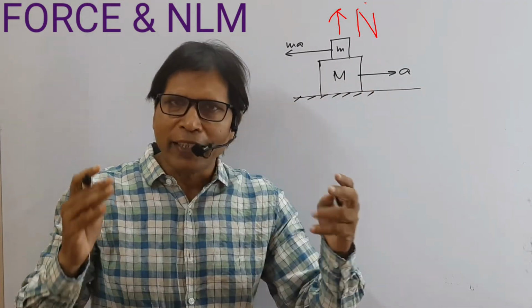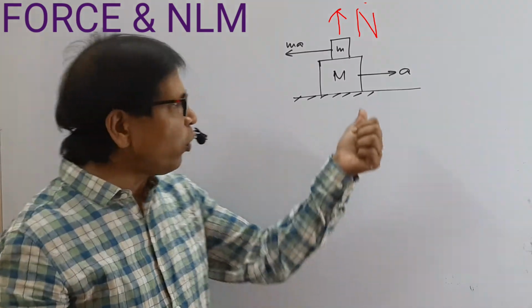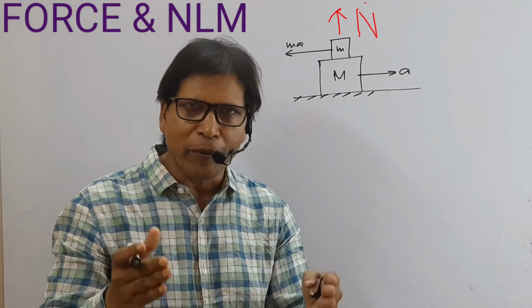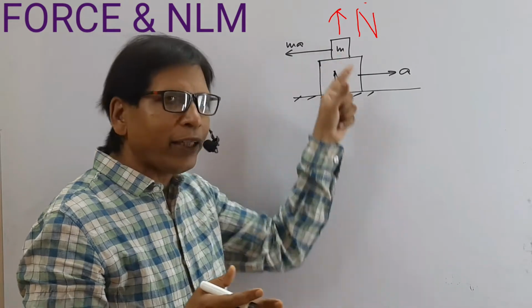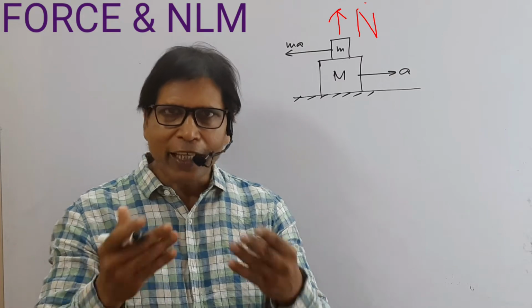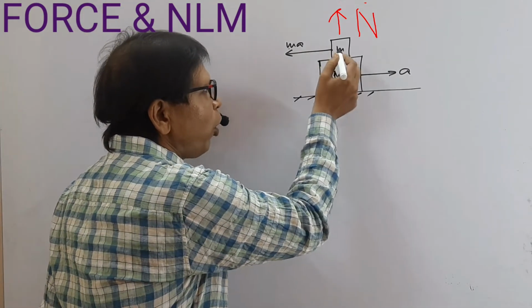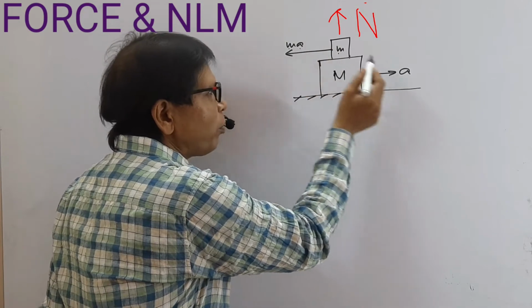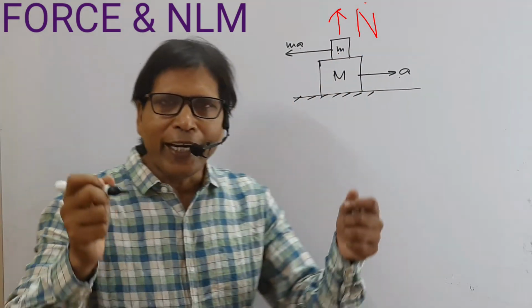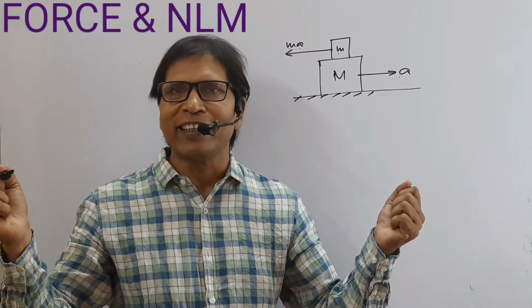This block of mass capital M moves with acceleration A. So, it is a non-inertial frame. A body of mass m on the non-inertial frame experiences a pseudo force of magnitude equal to the mass of the body times the acceleration of the non-inertial frame, directed opposite to the direction of acceleration.